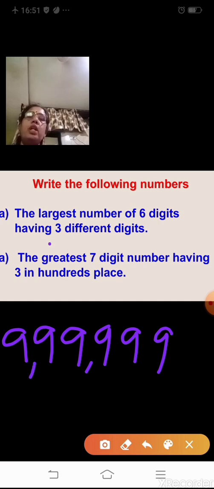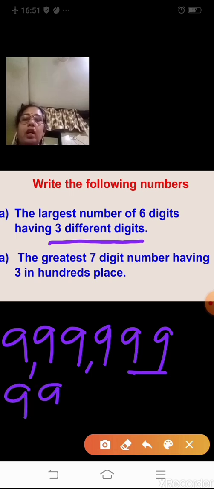But the question asked is, you have to form the largest number of 6 digits having 3 different digits. Now 9 is one digit you're already having. Now the next largest numbers you'll be having are 8 and 7. So what we will do is, here the last 2 digits we will change.